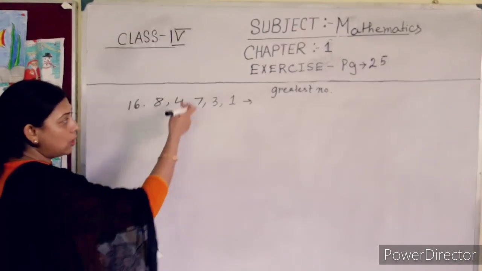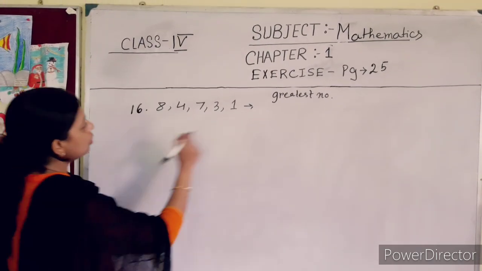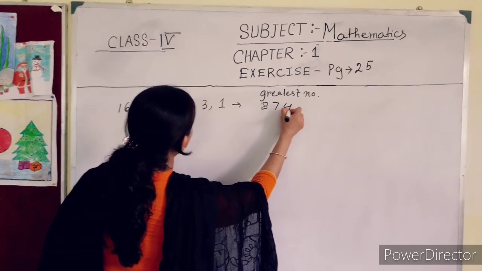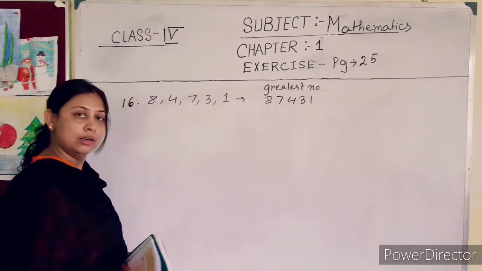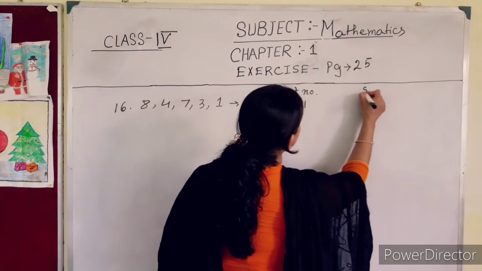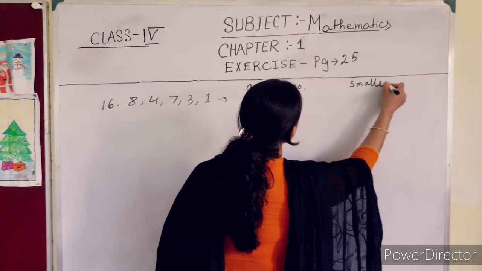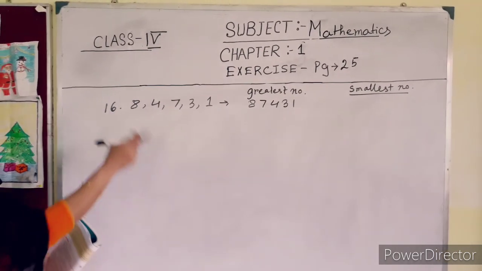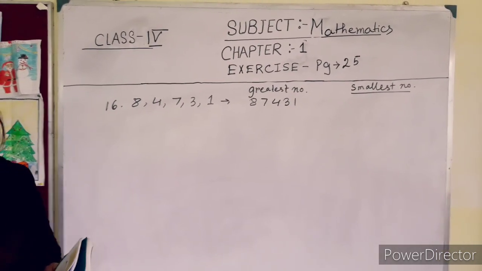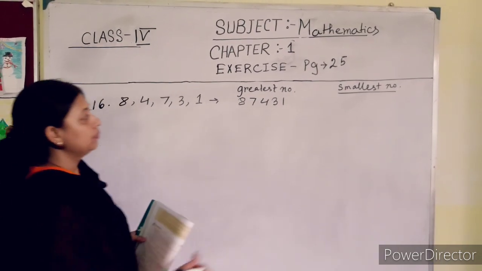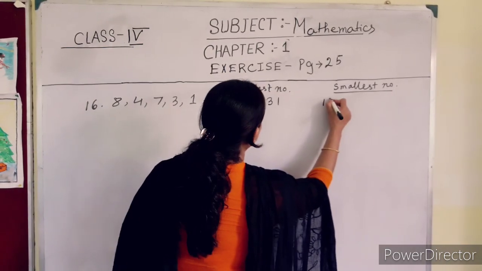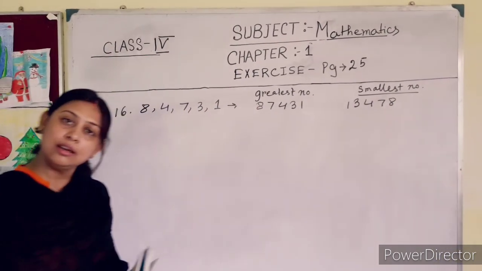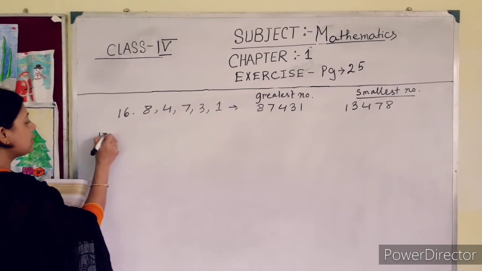You have to arrange all the digits in descending order. So the greatest number is 87431. Smallest 5 digit number: when you form the smallest number, you have to arrange all the digits in ascending order. So your answer will be 13478. Clear? Now question number 17.